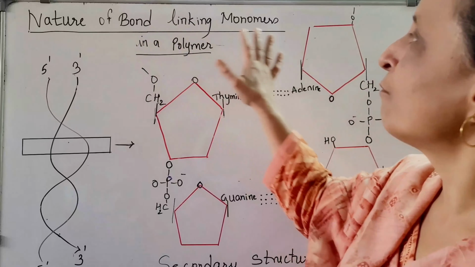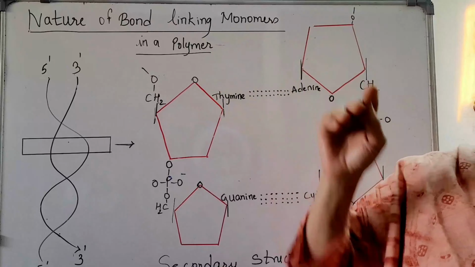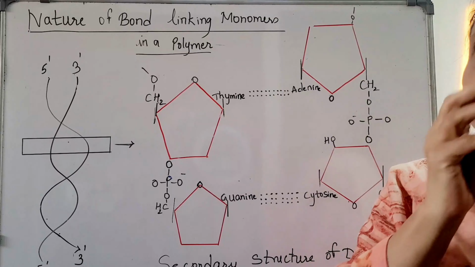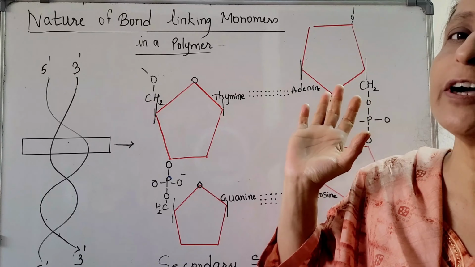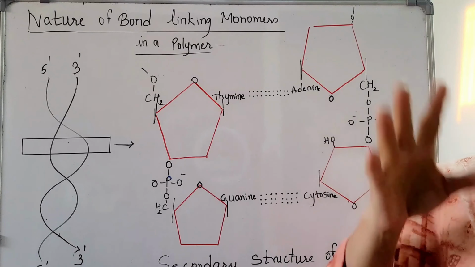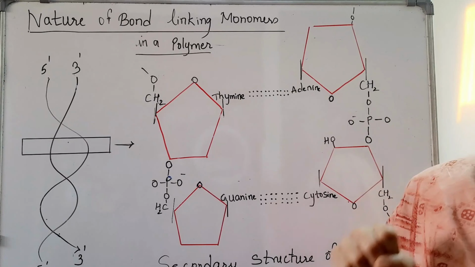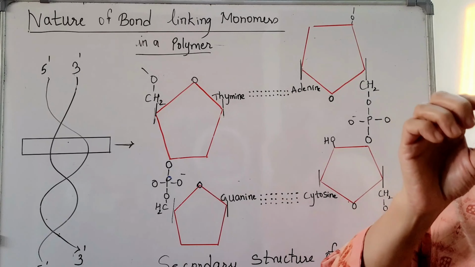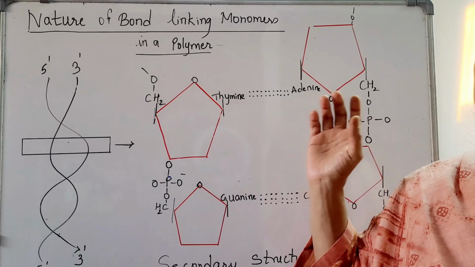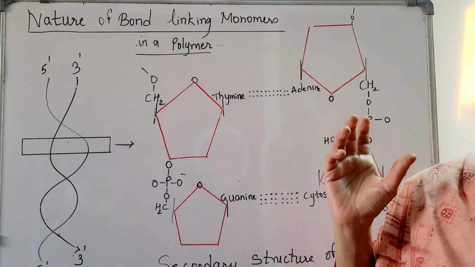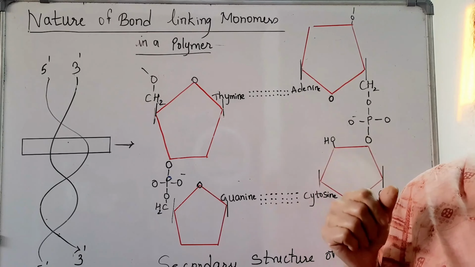Now, the nature of the bond linking monomers into polymers. A monomer is one molecule, and monomers form a long chain to become polymers. Now, amino acids are single molecules, bonded together with peptide bonds to form a polymer.